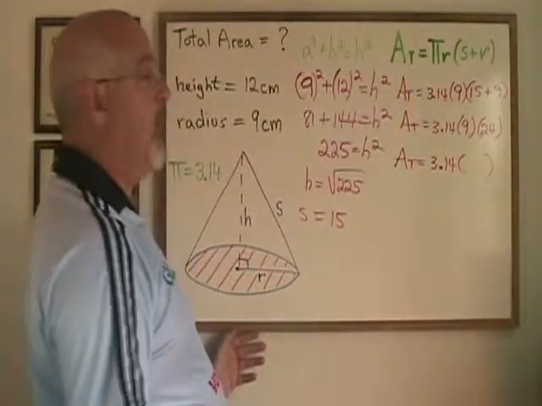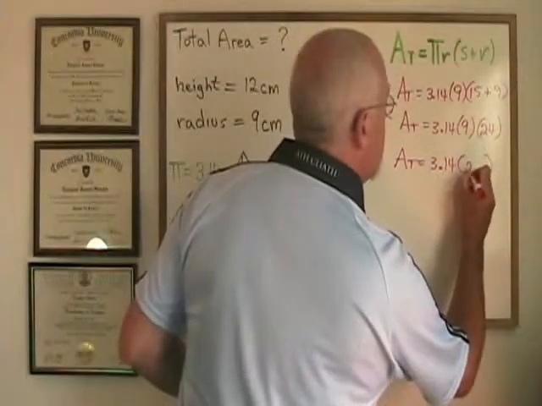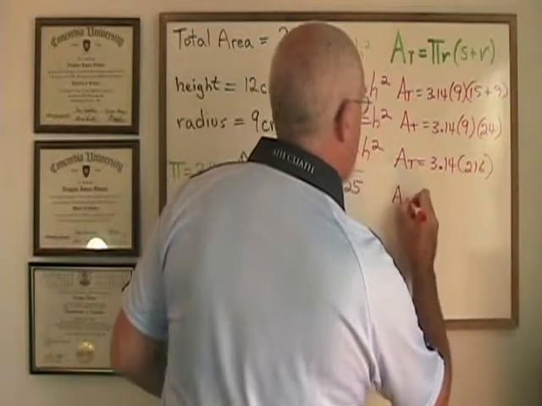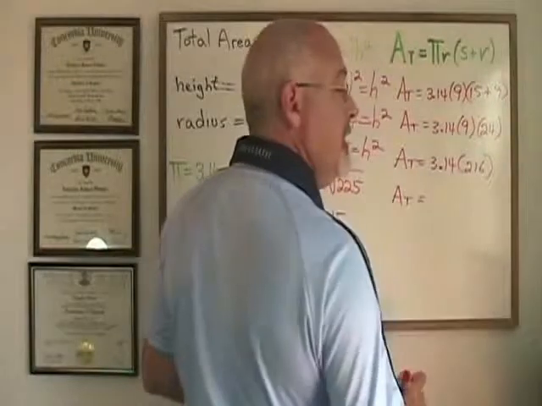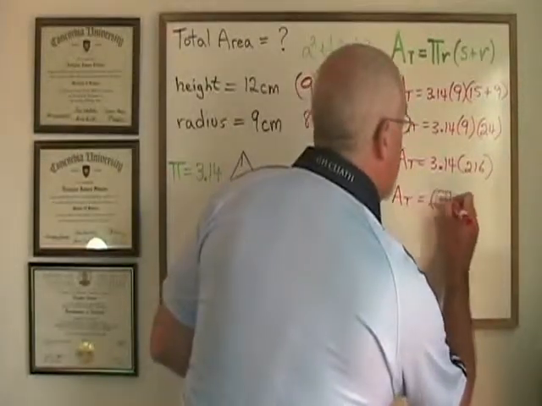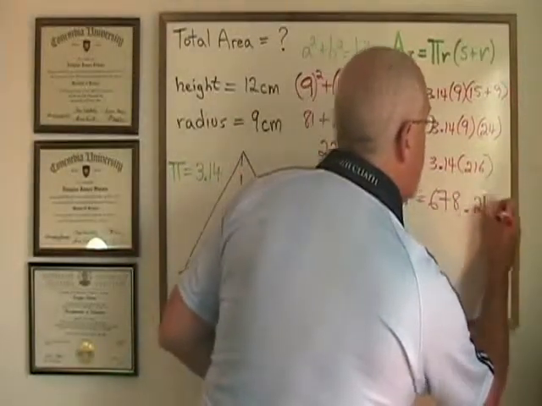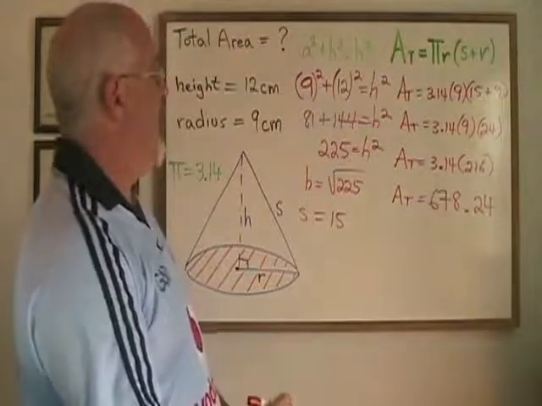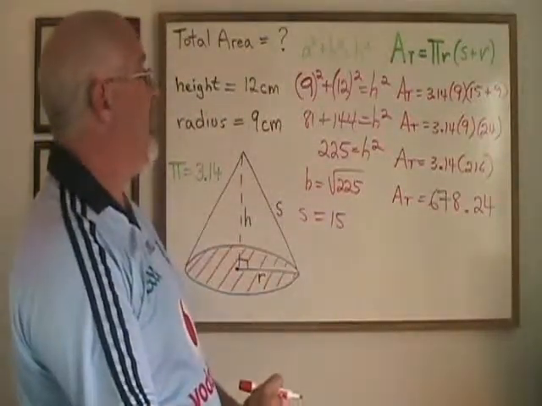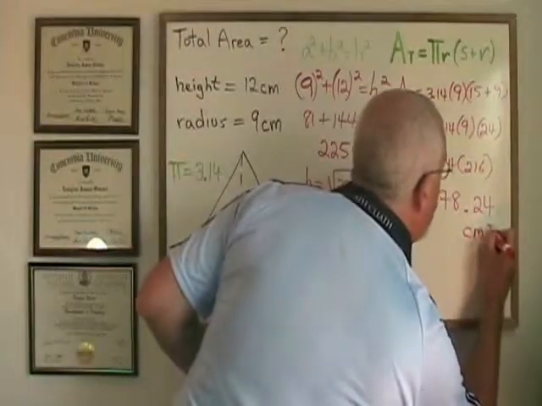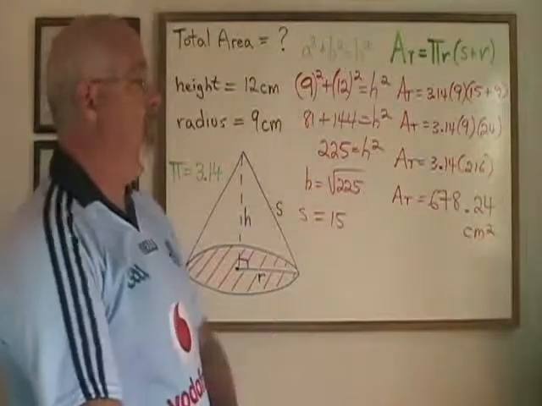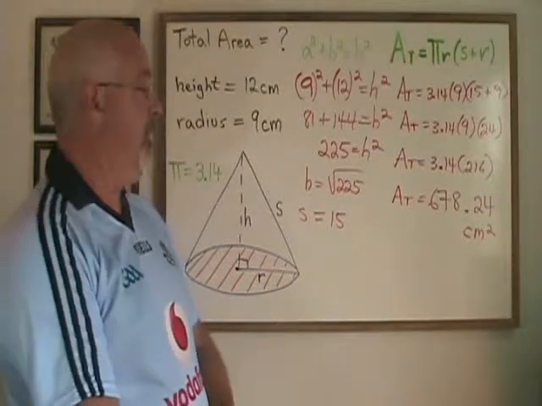Nine times 24 is 216. And 3.14 times 216 is 678.24. The unit of measure for distance was centimeters, and so for area it will be centimeters squared. The total area of this cone is 678.24 centimeters squared.